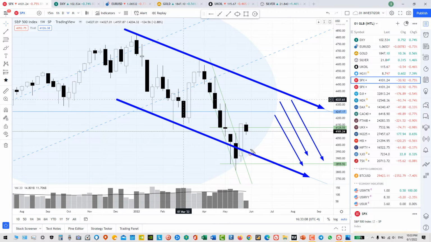This is now considered a corrective wave, which is short term against the prevailing medium term trend.